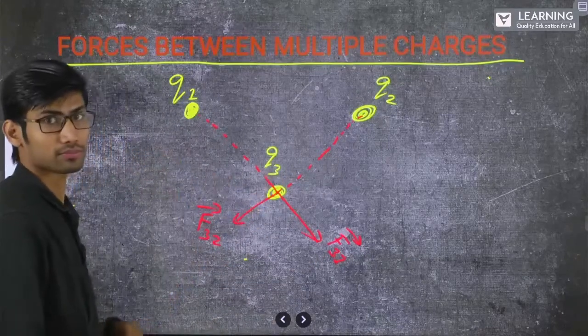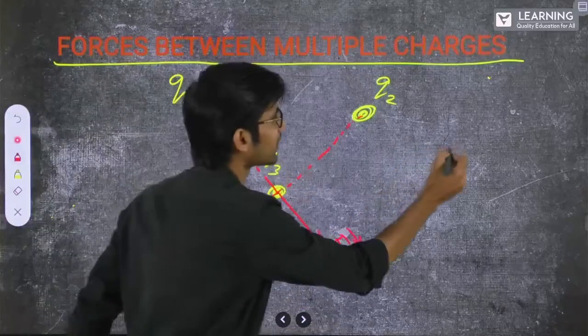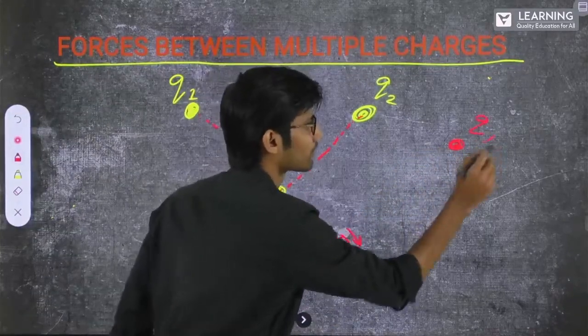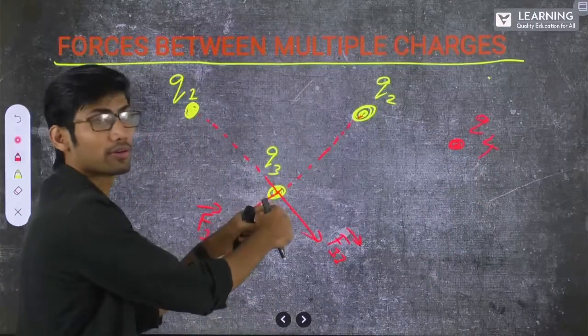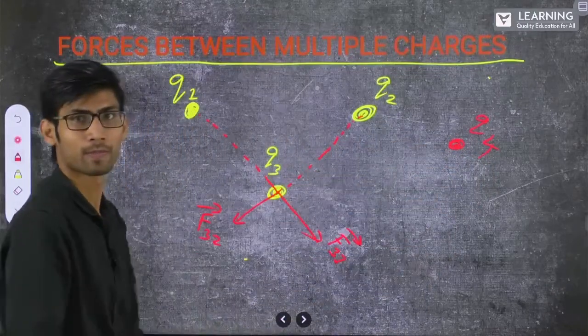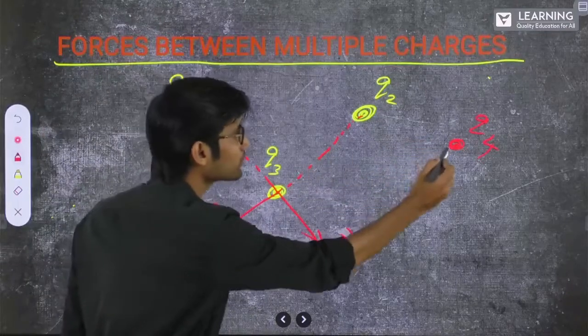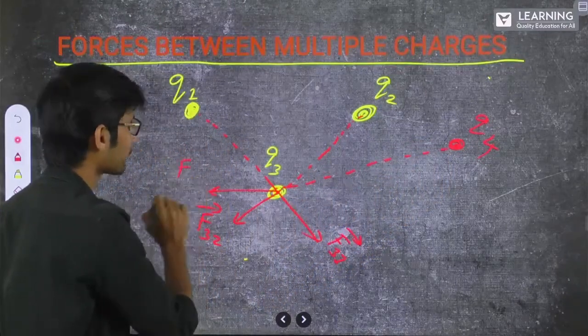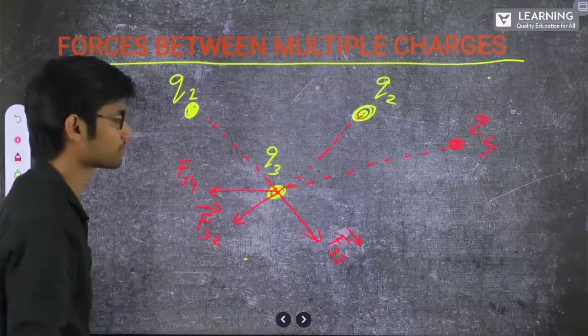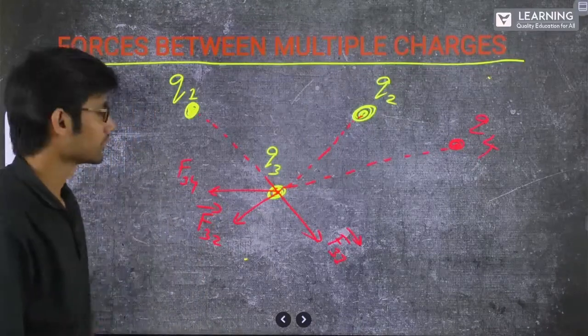Alright. Now suppose I bring another charge, any charge, Q4. The force on this will now be due to this also. The force on this due to this will be along the same line. The direction will be like this, force on 3 due to 4. Correct?